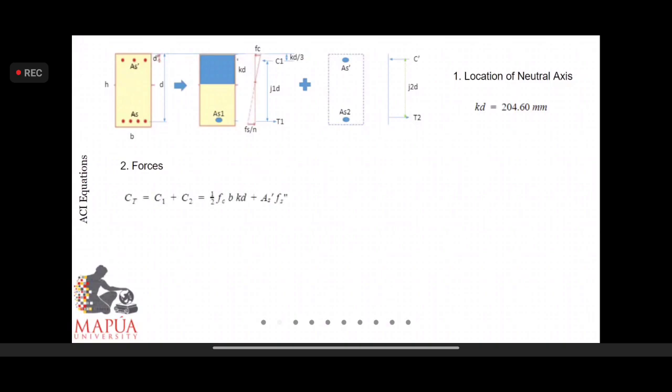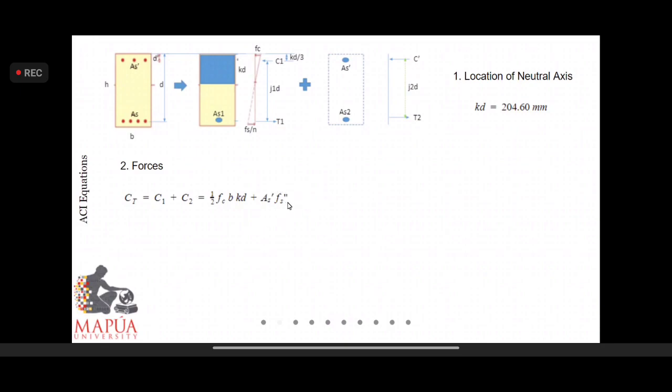We start with the compression side. This will be the total C, which is C1 plus C2. This is the area multiplied by the width b, 1/2 fc kd times b. And the C2 here, or the C prime, is equal to the product of As prime and fs double prime.